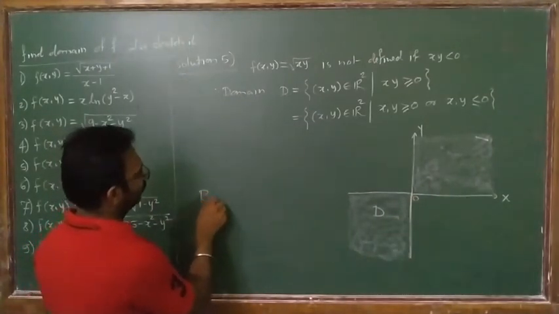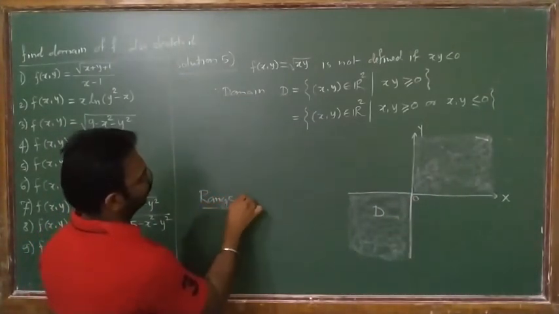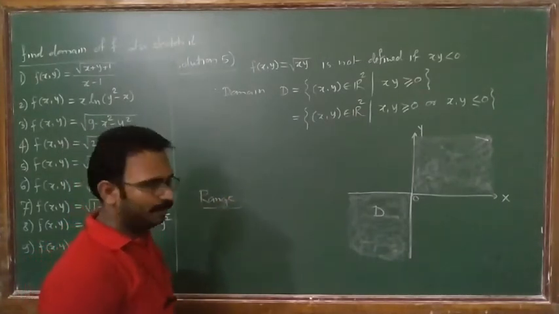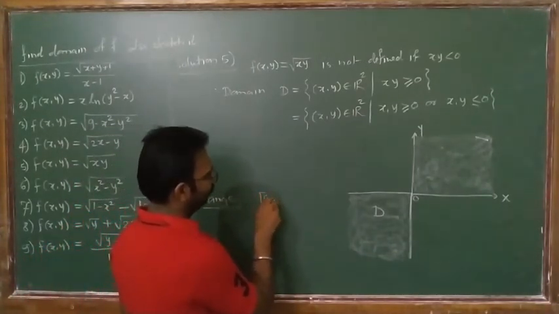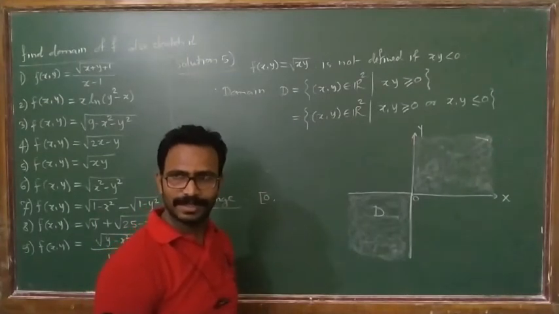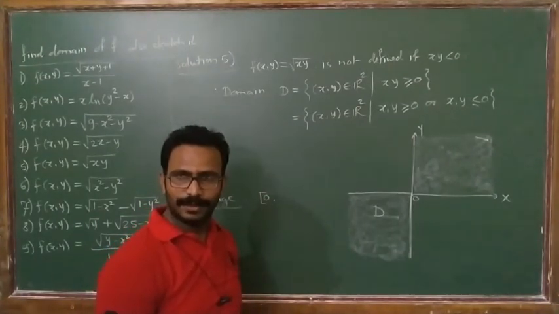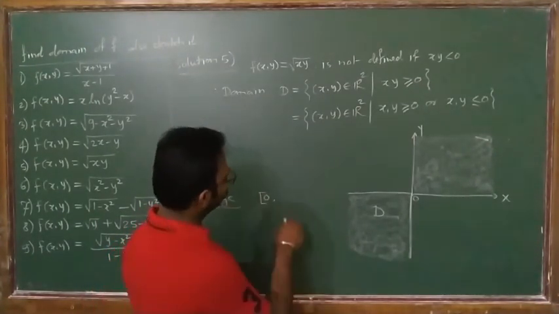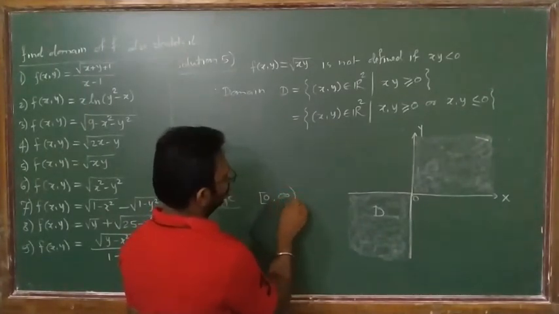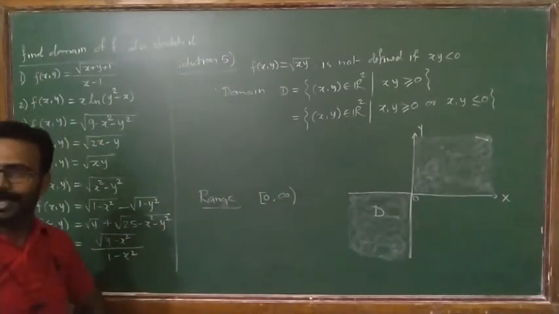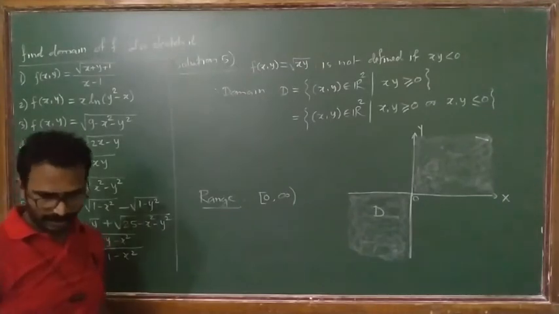What would be the range? So the function will have minimum value 0 because xy should be at least non-negative, at least 0. And they may have large value, depends on the values of x and y.